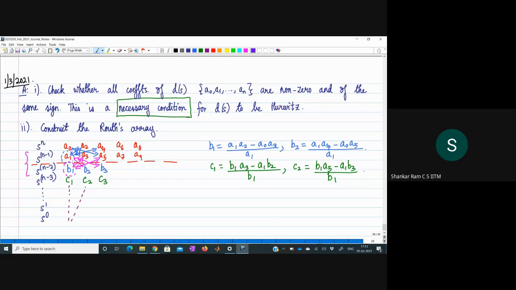Now, once we fill the so-called Routh array, we look at the first column of the Routh array. Sorry, not the first row, the first column.